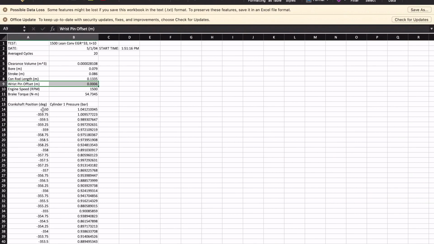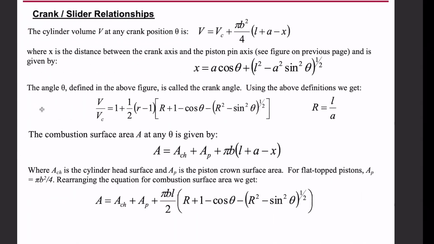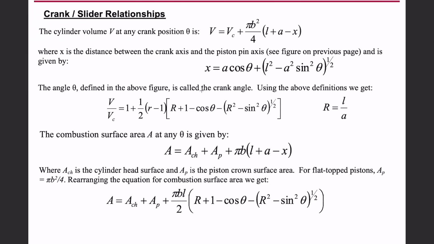So the theta that you have here, along with this relationship and the compression ratio, little r, and this big term, or this term, big R, which is just the connecting rod length L divided by the crank radius, okay? So you have everything, and of course clearance volume is given to you in the Excel spreadsheet.